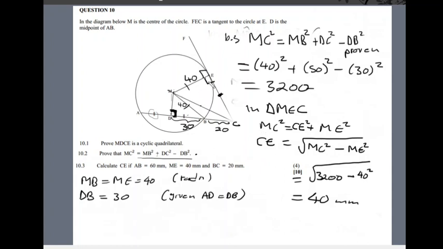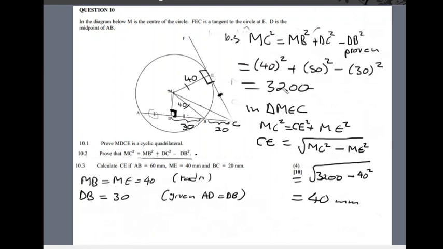And in triangle MEC, we have MC squared equal to ME squared plus CE squared. So CE squared should be equal to MC squared minus ME squared.